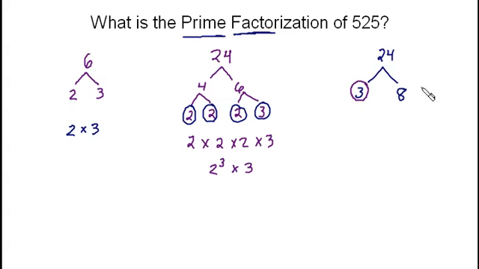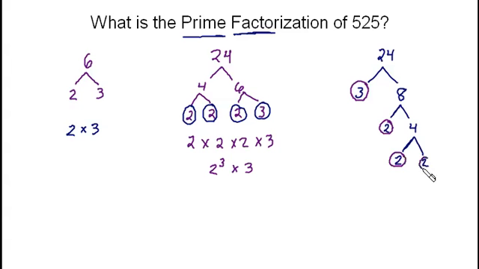But we can simplify the number 8 a little bit further. We can say that 8 is the product of 2 and 4. And we know that 2 is prime, so this branch is complete. 4 isn't prime, so we have to go a little bit further. And we know that 4 equals 2 times 2.